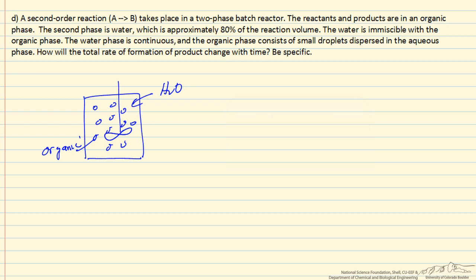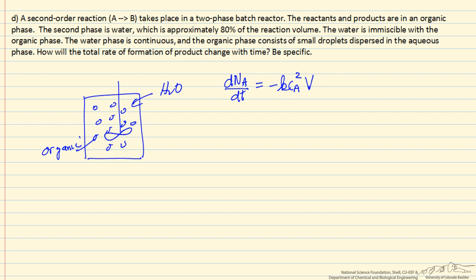And so if we were to write a mass balance for this system, the change in the number of moles of A with time, because it's a second order reaction, is k times Ca squared times volume. The organic A going to B, liquid phase.